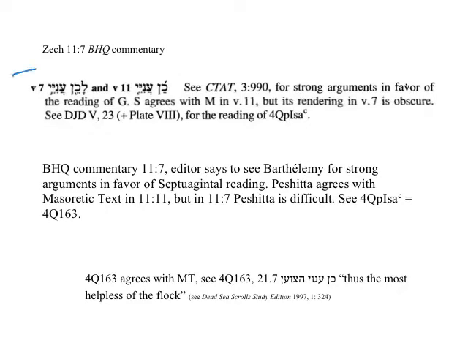Now when we take a look at the BHQ commentary on Zechariah 11:7, we notice that even here there's still this commitment to brevity with a good number of abbreviations that either need to be looked up until one becomes familiar with them. And so, again, just offering an interpretation of the note relative to these two terms in verse 7 and verse 11.